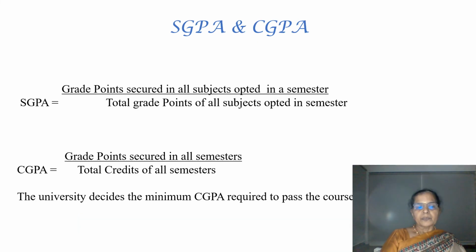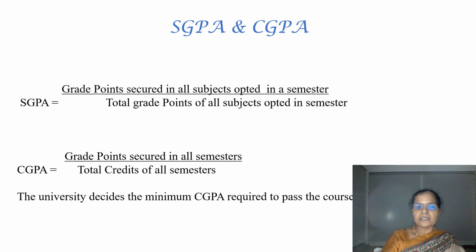See, the semester grade point average is calculated by adding all the grade points secured by a student in all the subjects he had opted in a particular semester, dividing it by the total grade points of all the subjects opted by him in that semester.